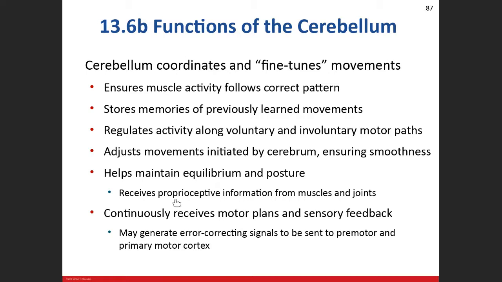It can receive some proprioceptive information from muscles and joints, and continuously receive motor plans and sensory feedback. And it may generate error-correcting signals to be sent to the premotor and primary motor cortex. So these are important to know about the cerebellum.